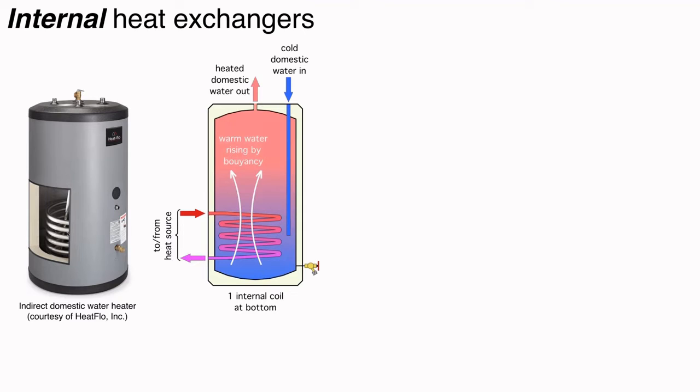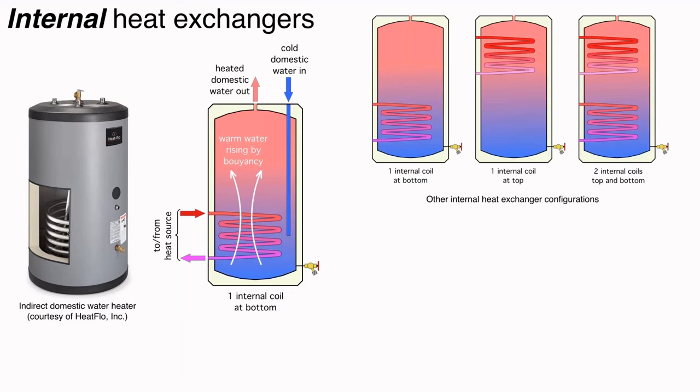So schematically, this is what it would look like. Now we are using a circulator to push the water through the coil, but inside the tank itself, we're counting on just buoyancy and convection, what's called natural convection, to create the flow that ultimately scrubs the heat off the surface of that internal heat exchanger.